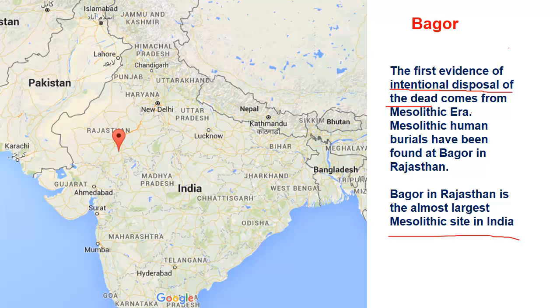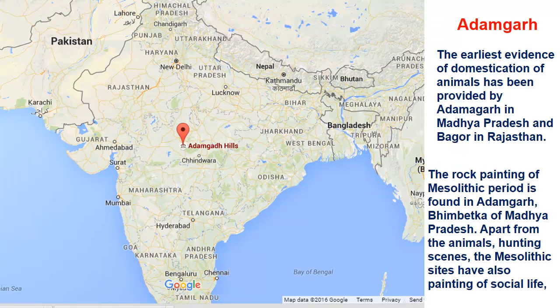You understand? Keep Bagor in mind. Next, remember Adamgarh. Adamgarh is in present day Madhya Pradesh. Bagor in Rajasthan. Both Adamgarh and Bagor provide evidence of domestication of animals. The earliest evidence of domestication of animals has been provided by Adamgarh in Madhya Pradesh and Bagor in Rajasthan.